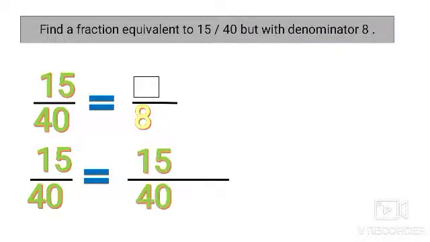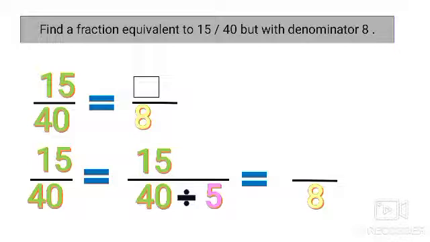For that, you should know the tables by heart at least till 20. By which number are you going to divide 40 to get the answer 8? Obviously, that is 5. When 40 is divided by 5, you get 8. Now what I have told you, whatever you apply in the denominator, the same you have to follow in the numerator. So 15 divided by 5 and your answer is 3. So this is the required answer.